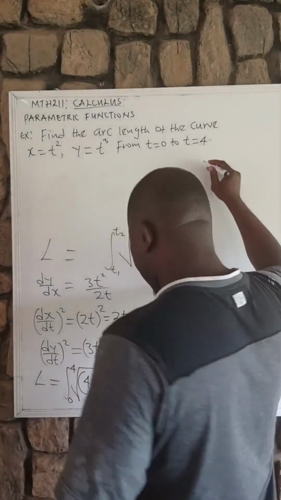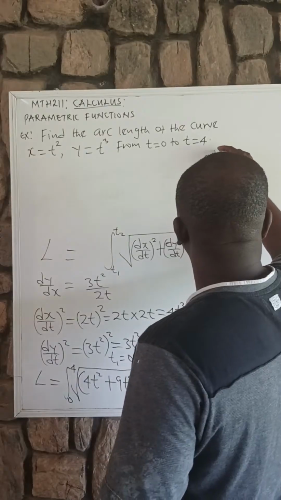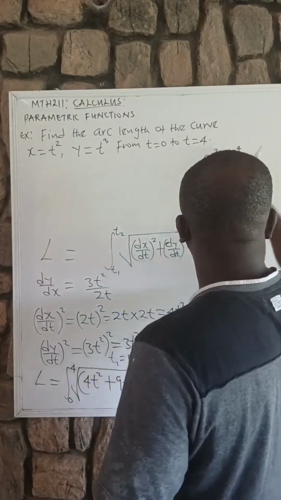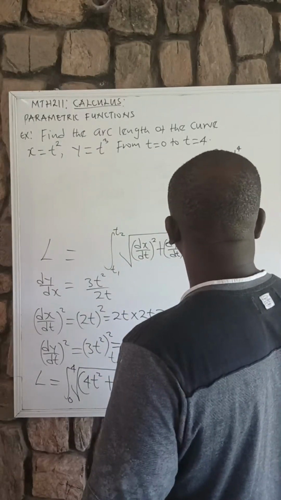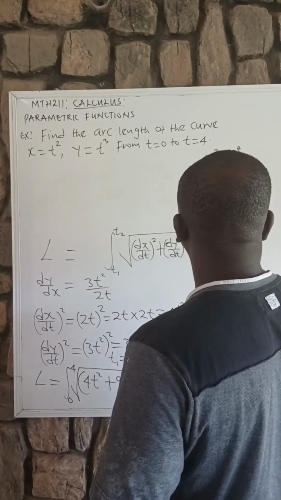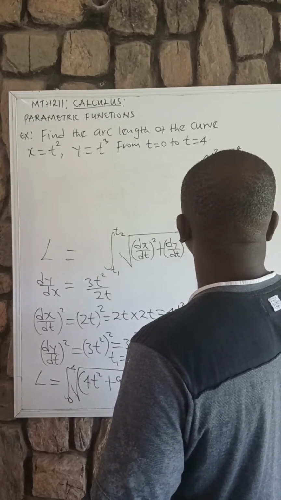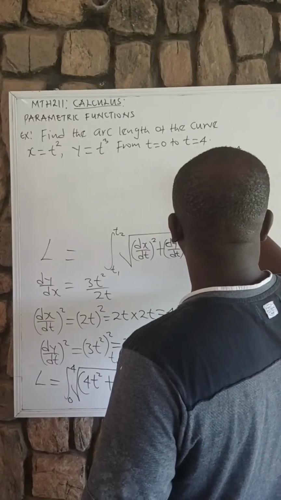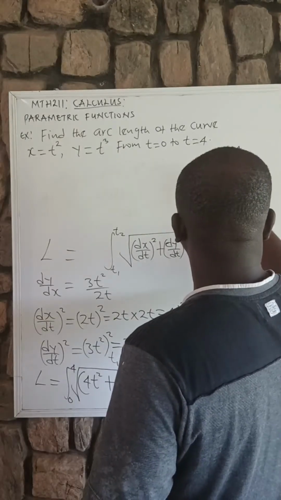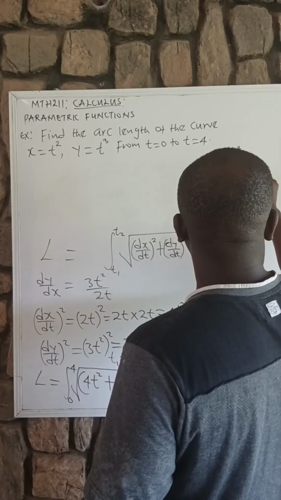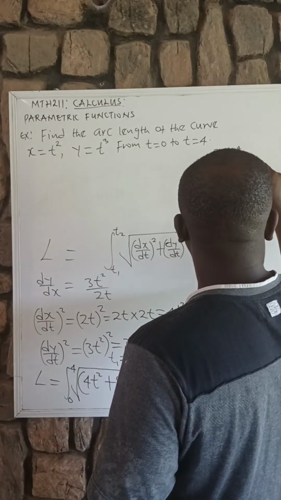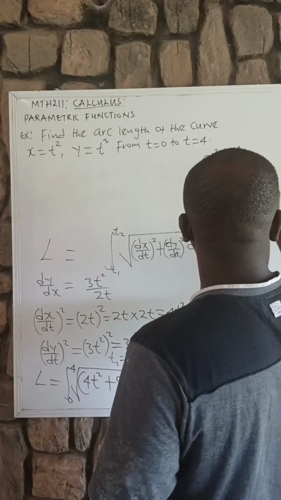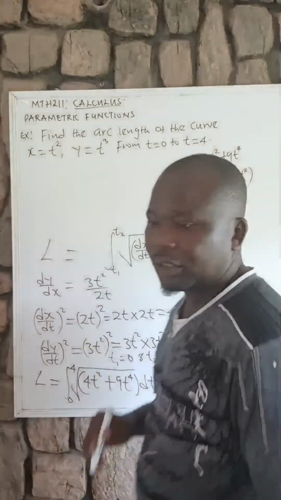If we have 4t raised to the power of 2 plus 9t raised to the power of 4, it means this is the same thing as 4t squared open bracket 1 plus 9t raised to the power 4, raised to the power 2 all over 4. Look at the board, please.